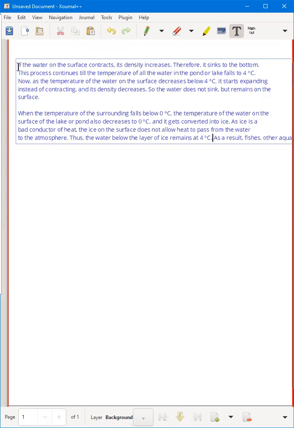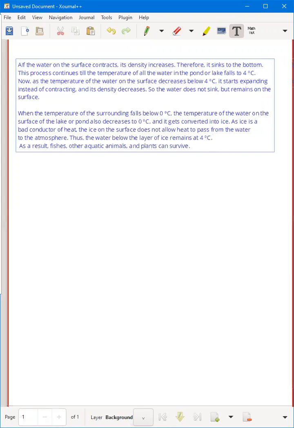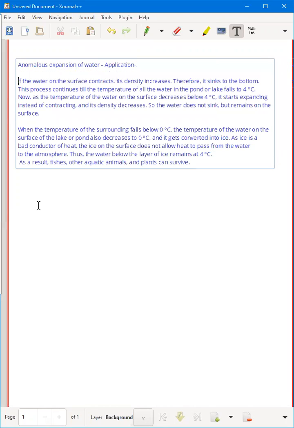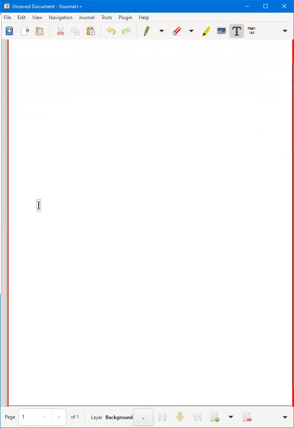So this is called the anomalous expansion of water. Okay, you can read it and see if your keywords are there.